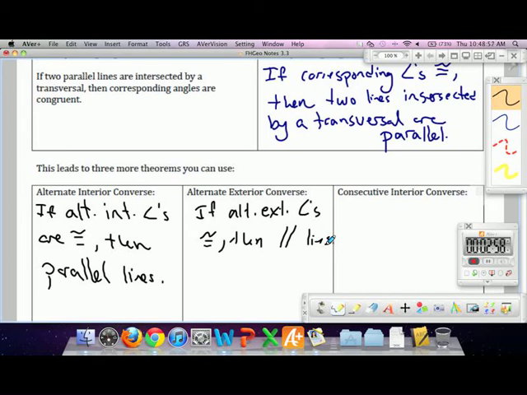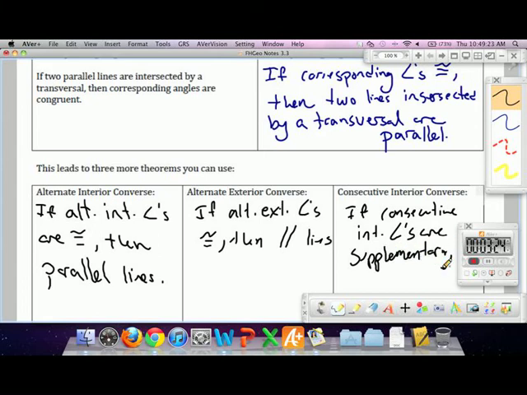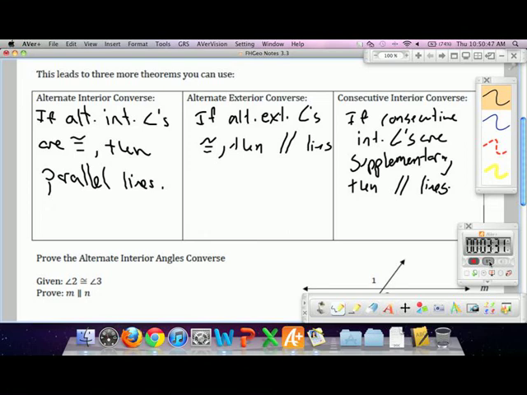What should the consecutive interior converse say? Consecutive interior angles are supplementary, then parallel lines.